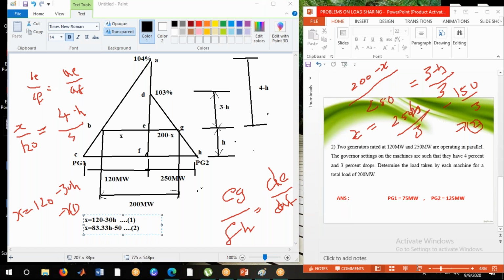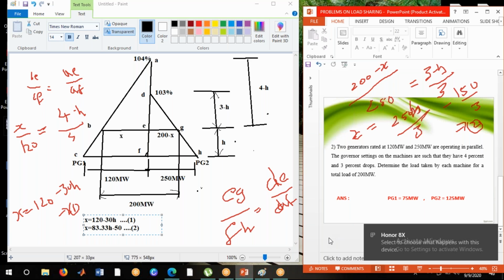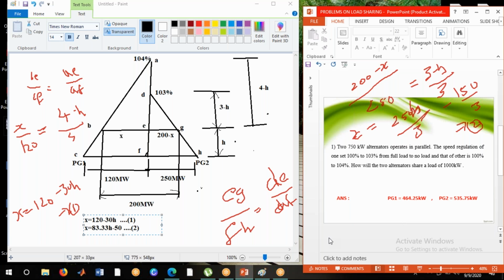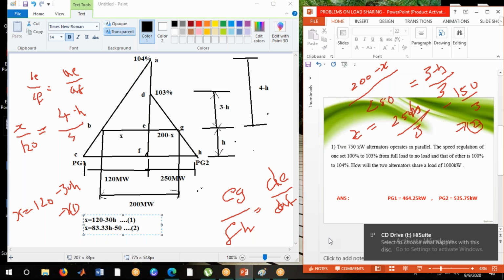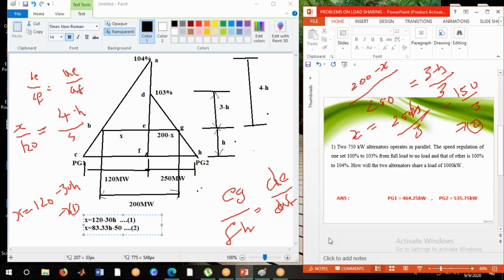Find the value of H. What is the value of H, students? 120 minus 30H equals 200 minus 83.33H minus 50.